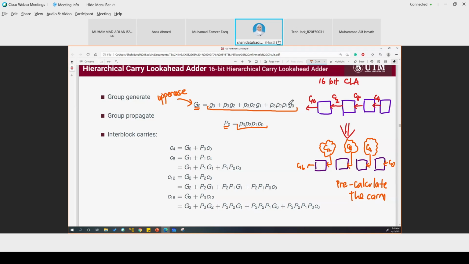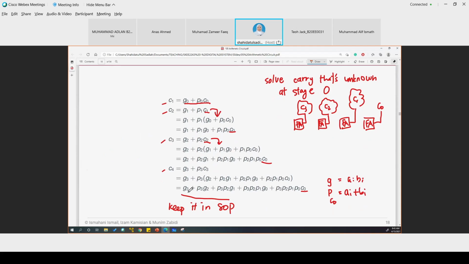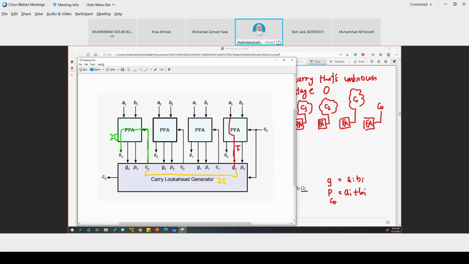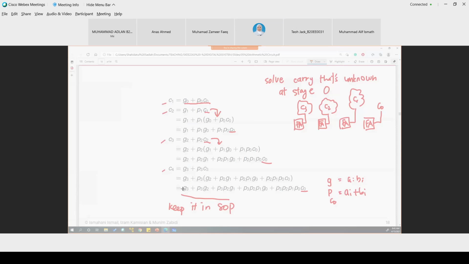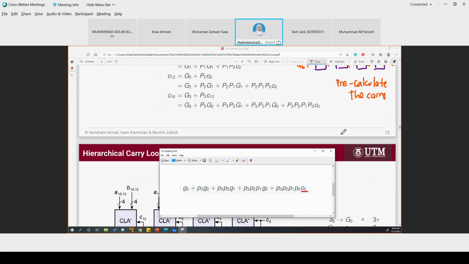So this is actually coming from C4. See, the G0 and P0 are inside the C4 interpretation here. So let's recall what C4 is. I'm going to scroll up a little bit. So this is C4. Bring it here.